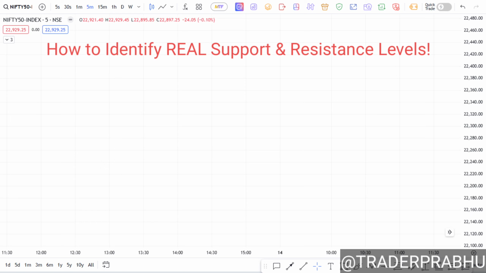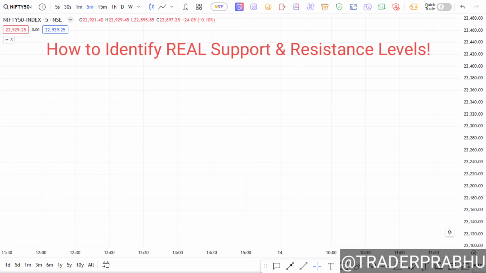Let me ask you, have you ever placed a trade at what you thought was a strong support or resistance, only to watch price blast through it like it didn't exist? Yeah, that's because not all levels are equal. So in this part, I will show you how to identify strong zones that actually work.